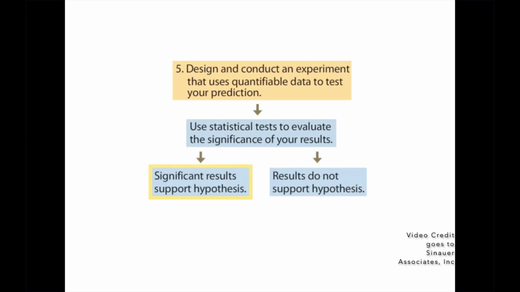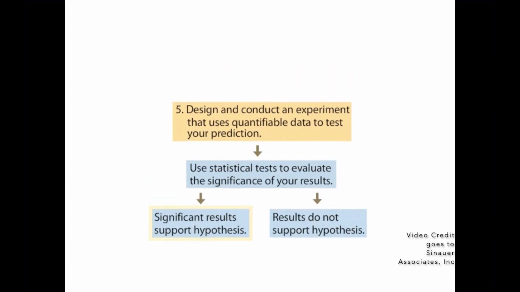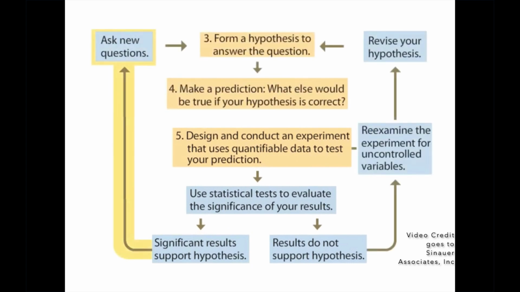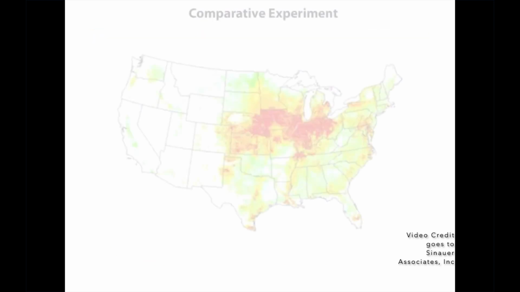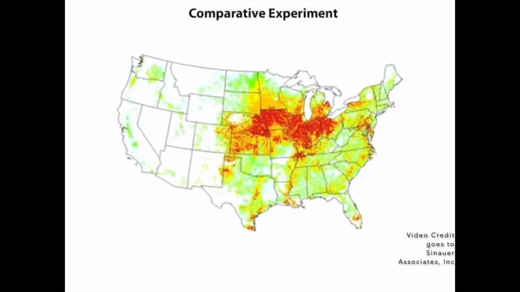Thus, the results support his hypothesis. Now Hayes can ask new questions. His experiments were performed in the laboratory with a species of frog bred for laboratory use. Would his results be the same in nature? To find out, he and his students performed a comparative experiment rather than a controlled experiment. They traveled from Utah to Iowa, sampling water and collecting frogs.